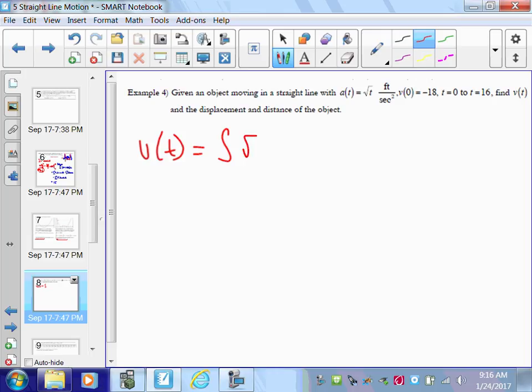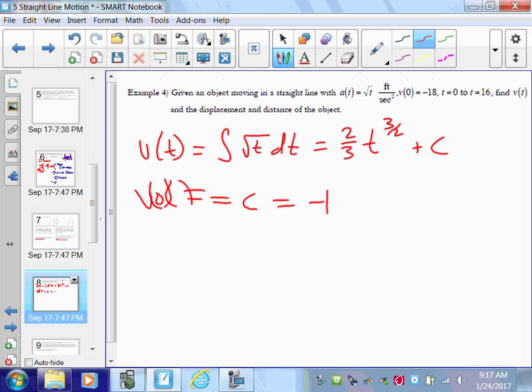There's the integral of square root of t. There you go: 2/3 t to the 3/2 plus C. So when you plug in 0, it's just C, so it's negative 18.